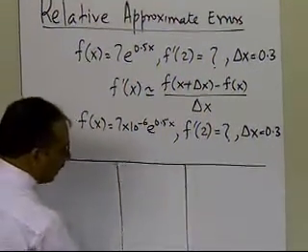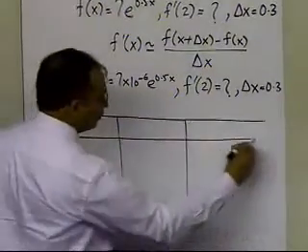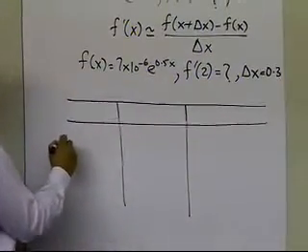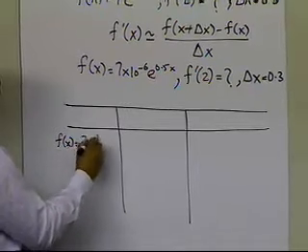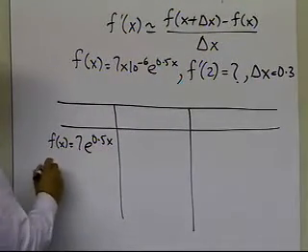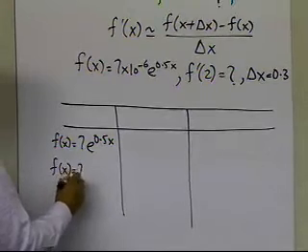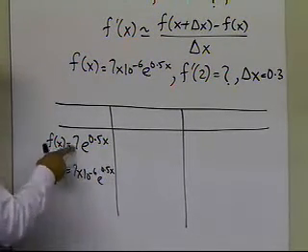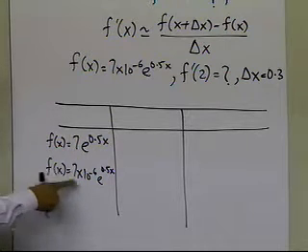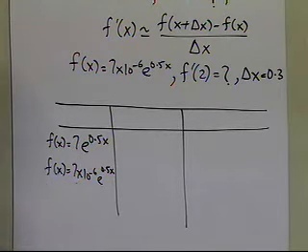So I'm going to write these down here. Here I have the function f of x equal to 7e to the power 0.5x. Here I have the function as 7 times 10 to the power minus 6 e to the power 0.5x. So same function here as here, except there's a 10 to the power minus 6 being multiplied.